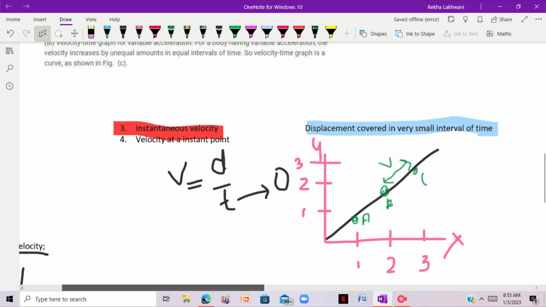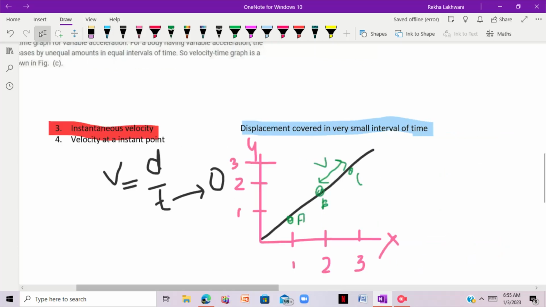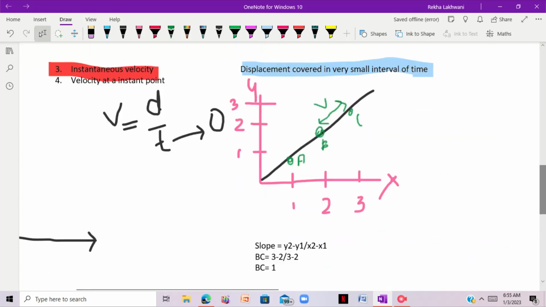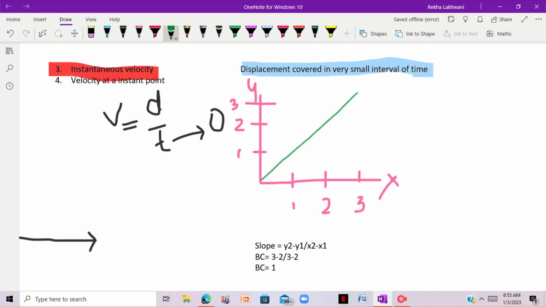So you can see over here, slope. The formula of slope is y2 minus y1 upon x2 minus x1, right? So here y2 is basically this 3, y1 is 2, right?